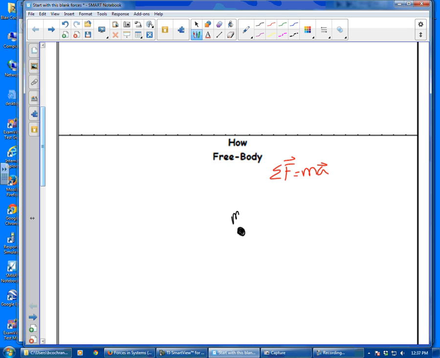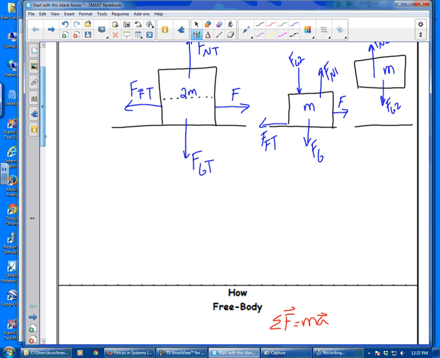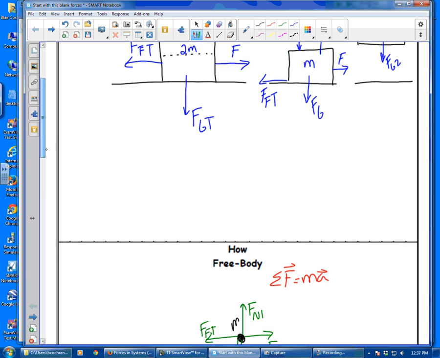Label it M. It's going to have Fg1 down, Fg2 down, the total friction force here, F here, and Fn1 upwards. I think that's everything. Yep.